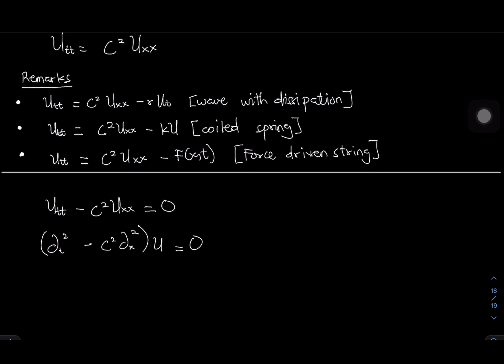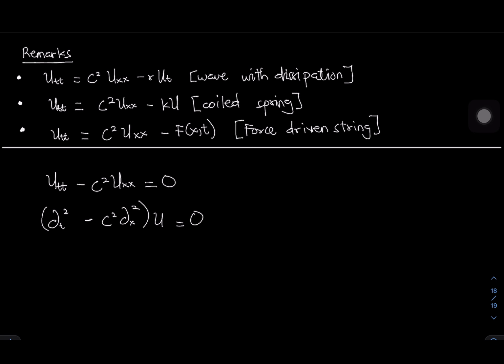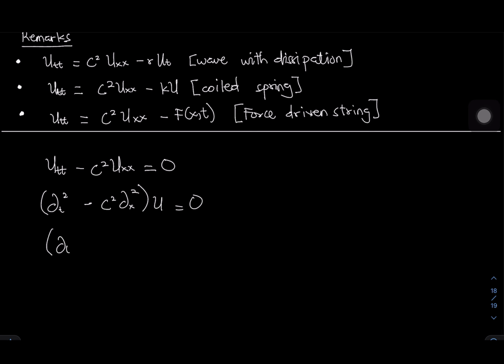When I put in u here, I'm going to have the second derivative of u with respect to t. And you can see that this is a difference of two squares. So I'm going to have something like (del t minus c del x)(del t plus c del x) u equals 0.